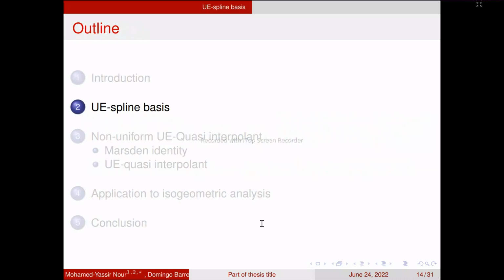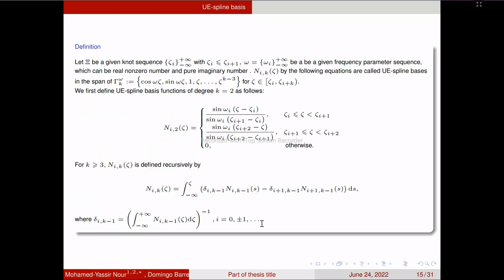Now let's move to the other section, which is the UE-spline basis. The UE-spline basis is defined like that: for order 2 by this formula, and for order greater than or equal to 3 by this, where omega is like that, and the knots are non-uniform with the spacing in general like that.